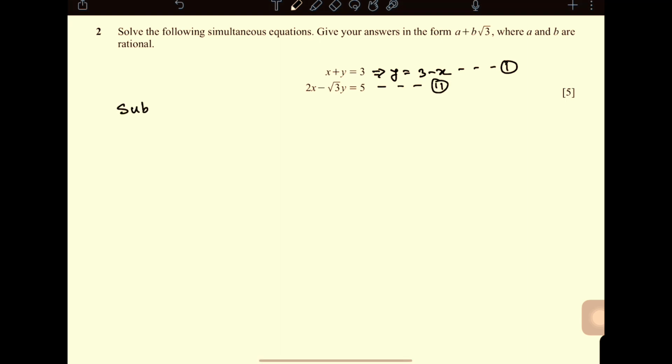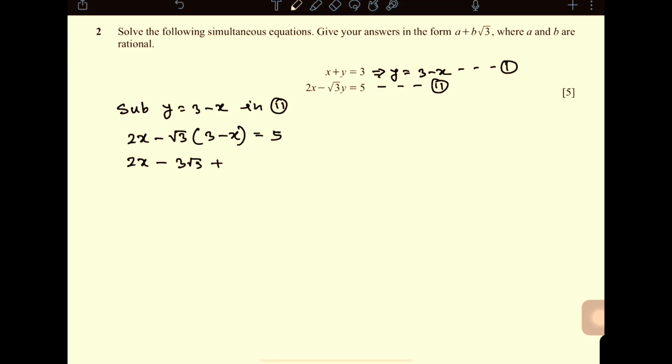Substituting y equals 3 minus x in equation number 2. So let me solve it. 2x minus root 3 times (3 minus x) equals 5. Now, if we simplify this, minus 3 root 3, this will be plus root 3 x equals 5.